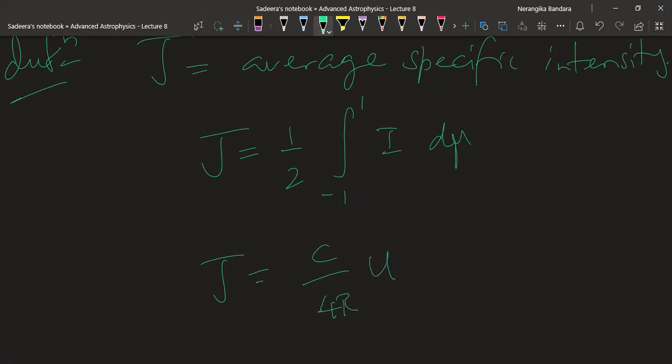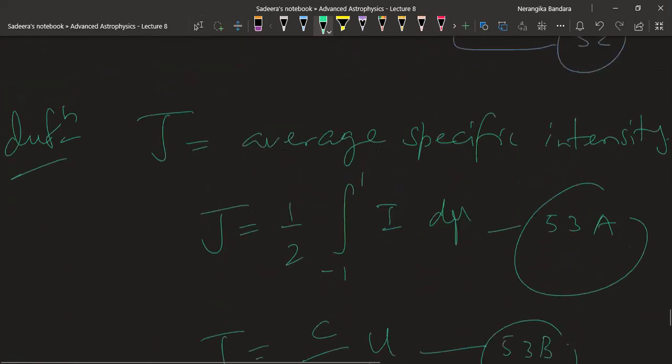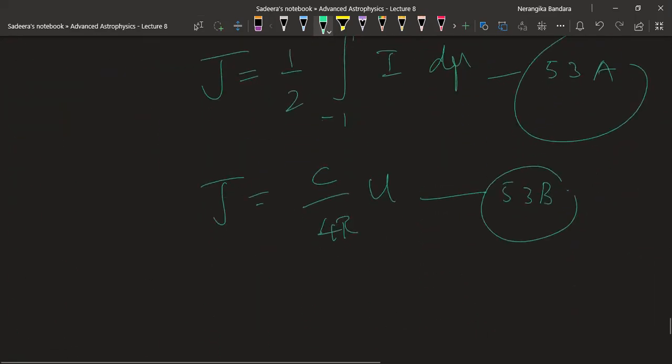Let's call this equation 53A and this equation 53B. Together we call these two equation number 53. You might use both, maybe just one.